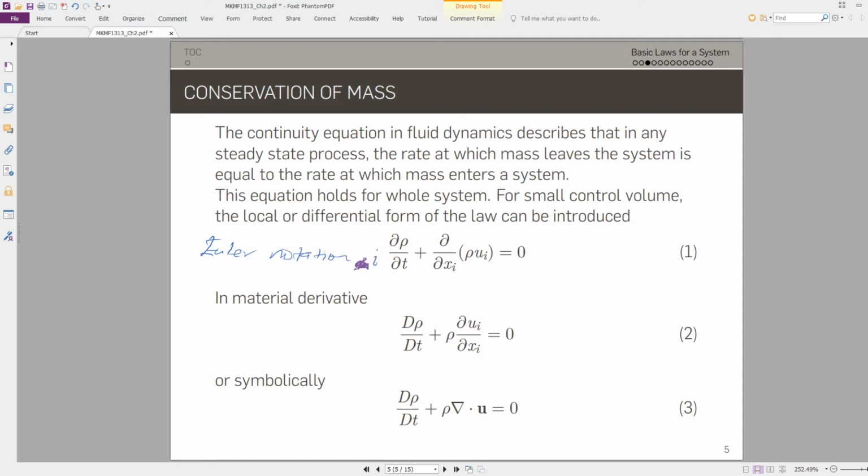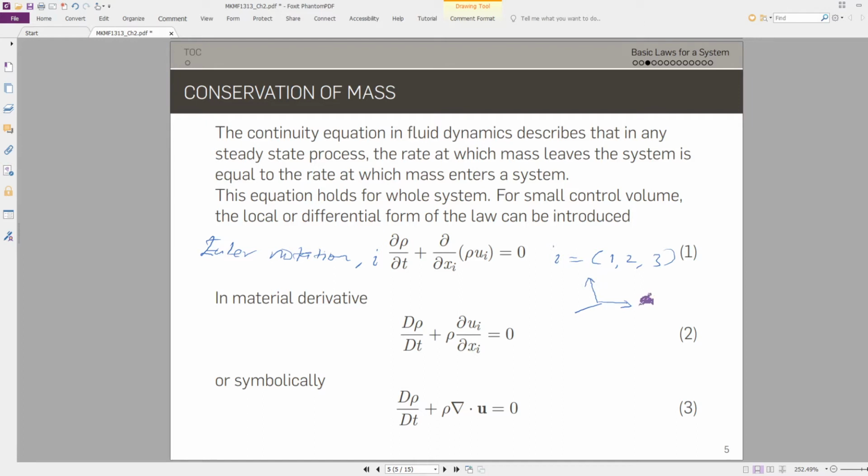The i in this equation is actually just the index 1, 2 and 3, which refers to the axes x, y and z.